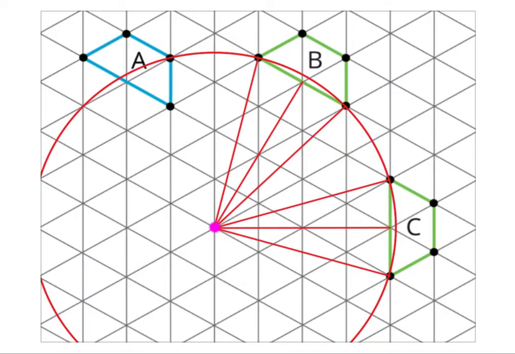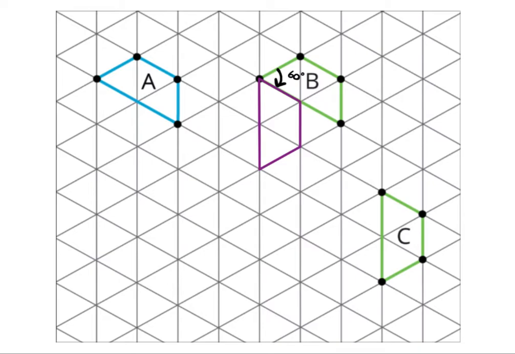I can draw a circle. I can show you that these points lie on that circle and that this image B rotates to image C. Now this midpoint is not on the circle, it's on a separate circle. It still has the same center of rotation, but it's as if that line segment is grabbing this image and rotating it around so it falls on C.